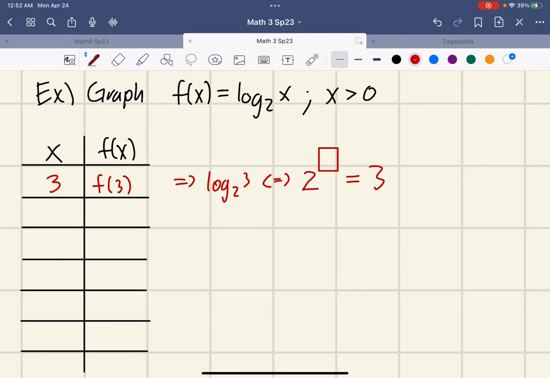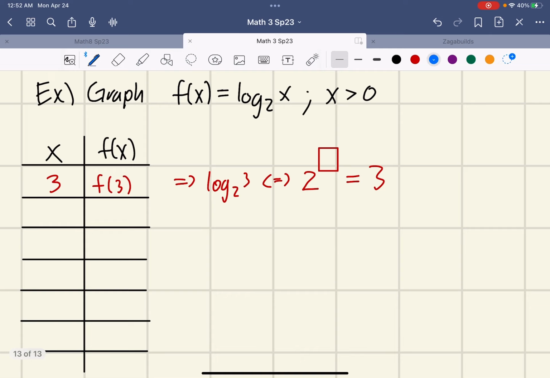But there's no straightforward way for me to find, at least by hand, 2 to what power is going to give me 3. It's not like the previous example where I can use negative exponents to try to manipulate it. And this is where we get stuck, because it's tricky to find an answer like this.